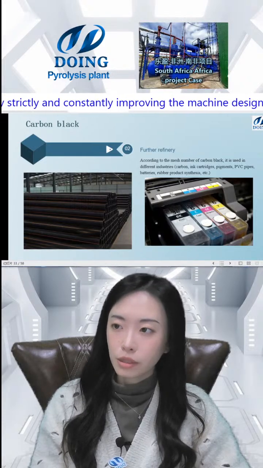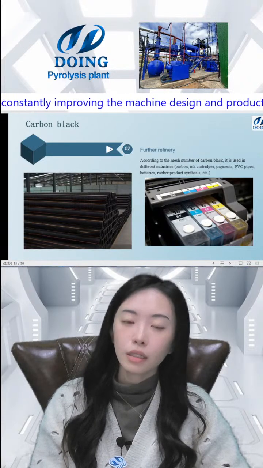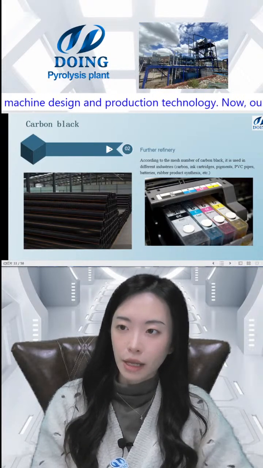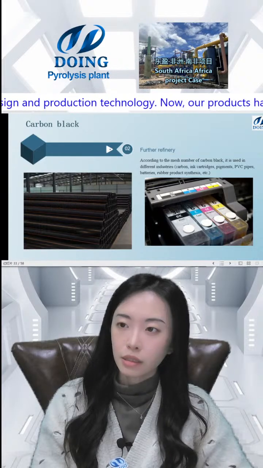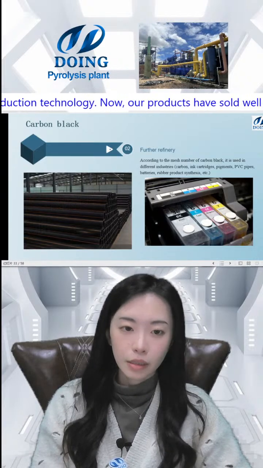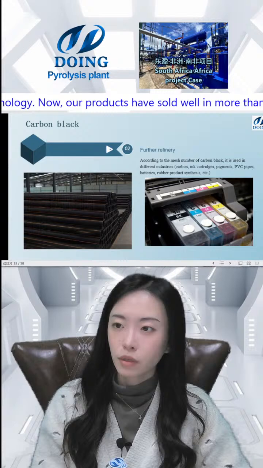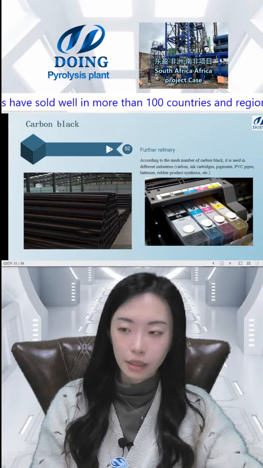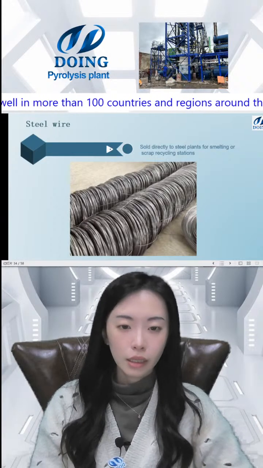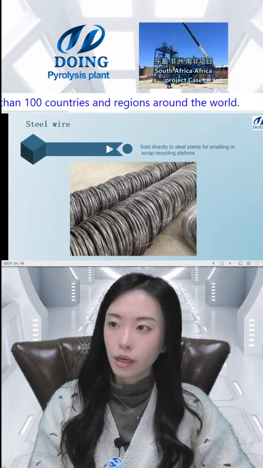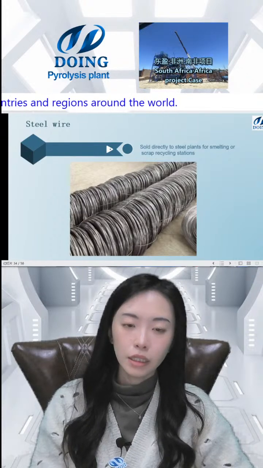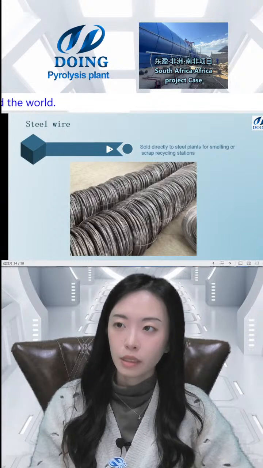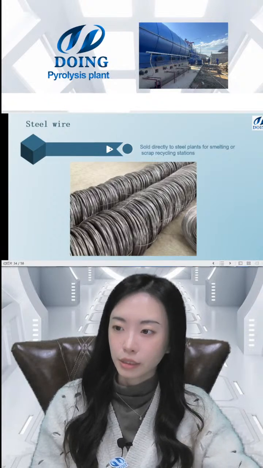It is used in different industries: the ink, the pigments, PVC pipes, batteries, rubbers, and so on. This is the wide use of this carbon black. And then the steel wire is sold directly to steel plants for smelting or scrap recycling stations.